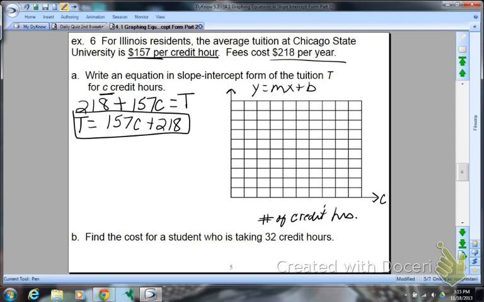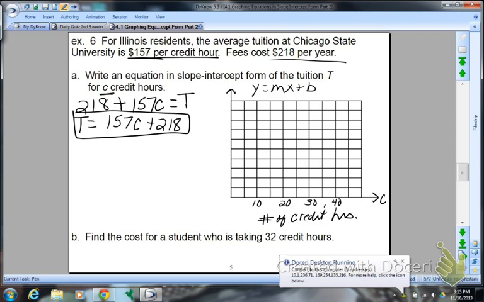Some people take 5 hours a year because they're working full-time. So I'm going to count by 5, labeling every other one just to make it nice to look at. Now I'm not sure what to count my vertical axis by until I make my table.